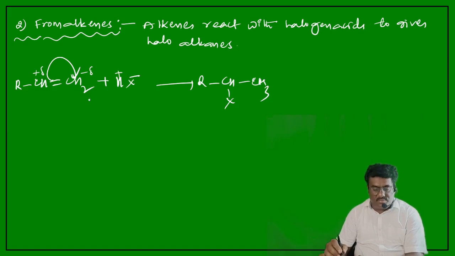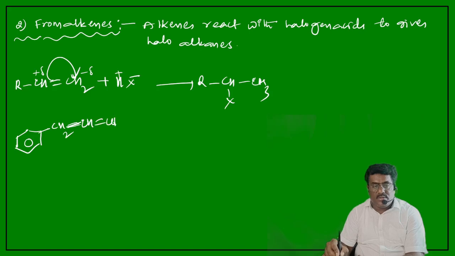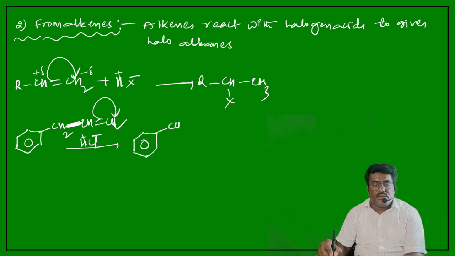If I take one example for this, benzene with CH double bond CH2 in presence of HCl. In presence of HCl, it becomes a single bond. H plus Cl minus, the pi bond is shifted, so it forms CH2 CH plus CH3.